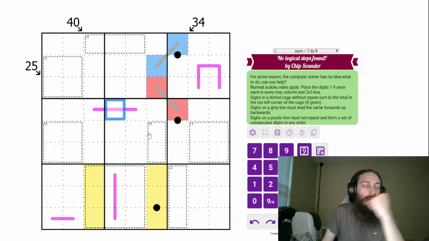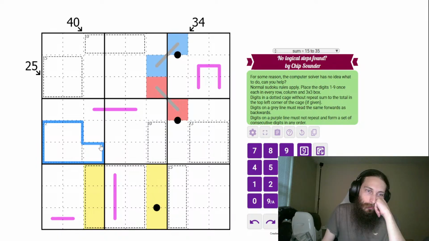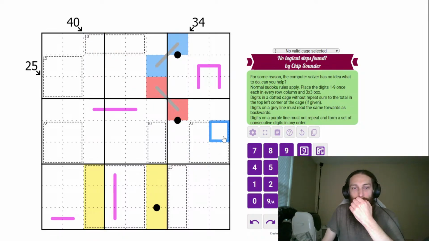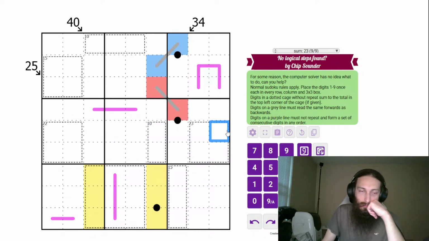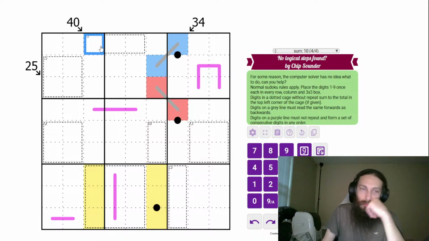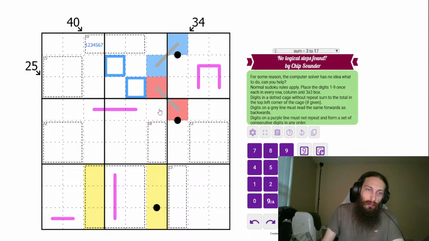6 and 9 is 15, so that doesn't have any restricted values. 22 doesn't have any restricted values. 40 along this diagonal. Well, this is 1 through 7. 8 and 9.